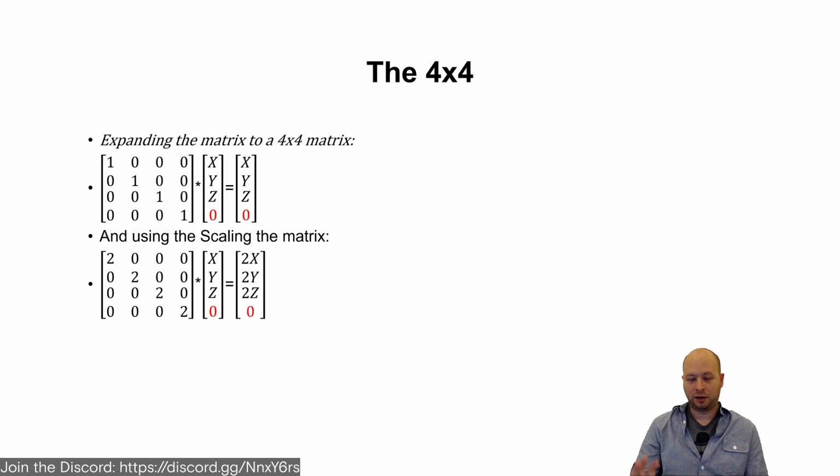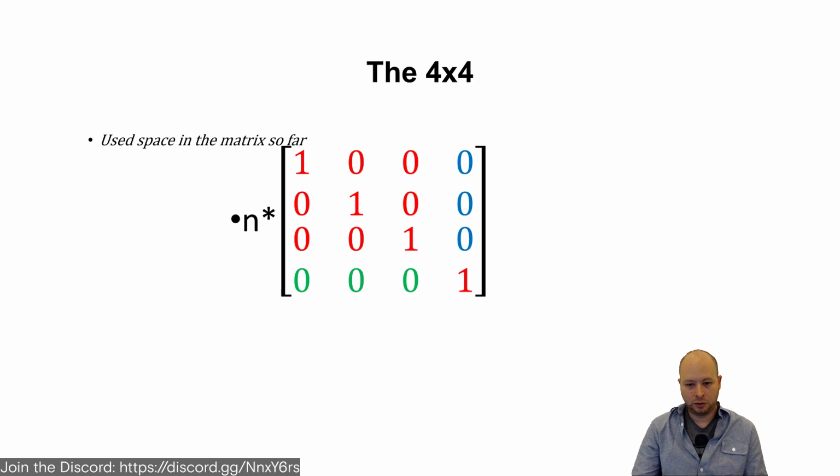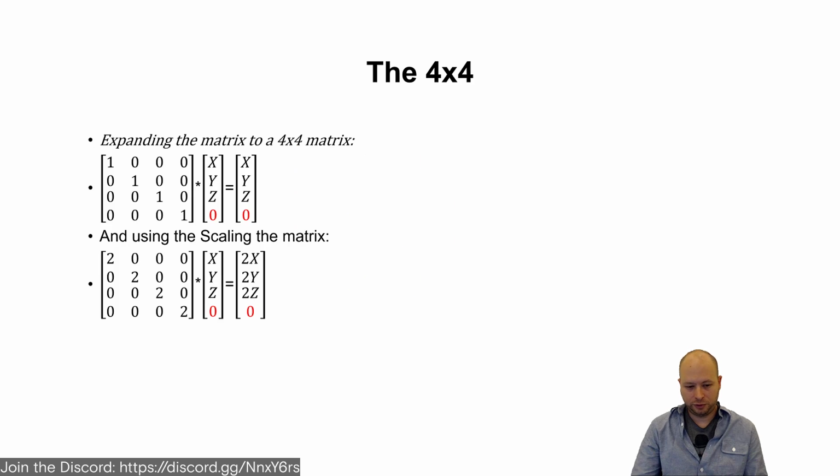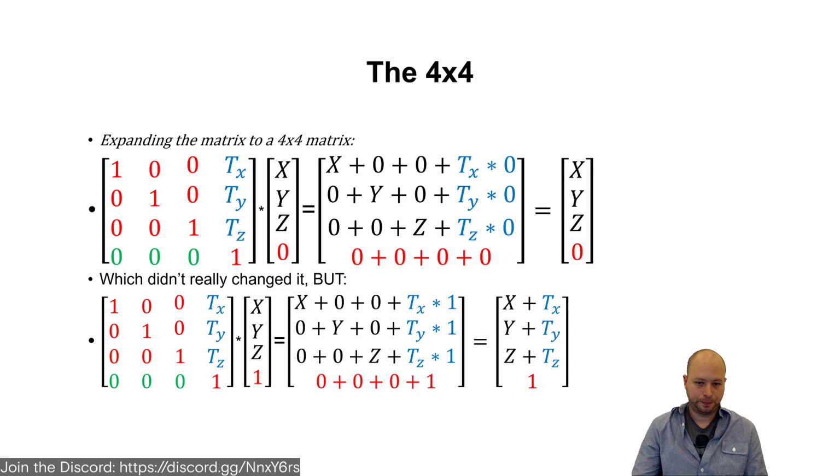We already saw some of the effects of the W value in terms of scaling. If that last value is 2, it kind of applies a magnitude change to things because of that last value when it's not 0. So if we change it to a 4x4, we now have to consider that last W value.